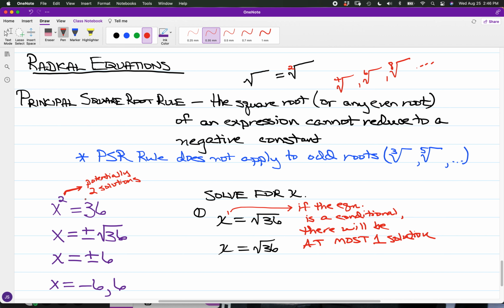And like the previous equation was also a conditional, where you would have at most the number of solutions being the degree of the variable, which in this case was second degree.